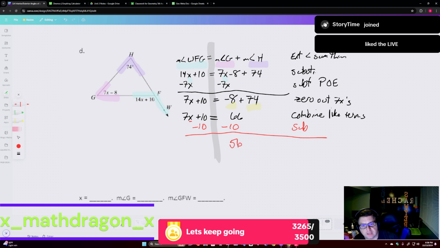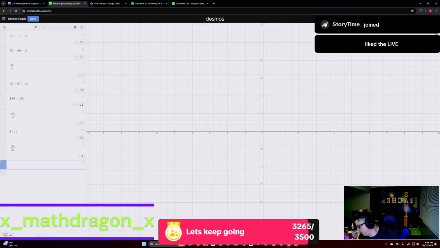And that's going to give us 56 equals 7x. Okay, so we zero out the 10s. Then we're going to do division property of equality. And we're going to get x to equal, oh god, I hope that's 8. 56 divided by 7, 8.